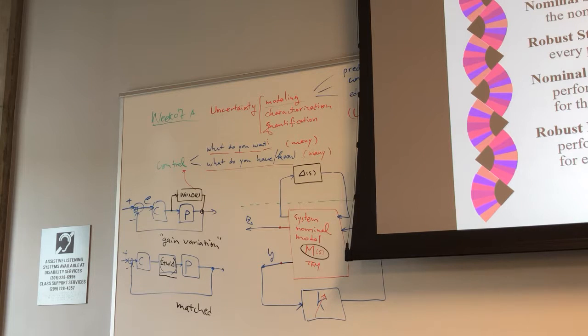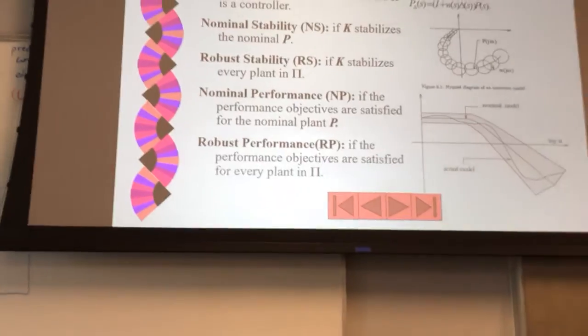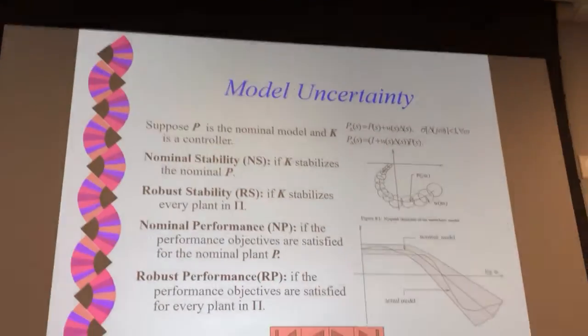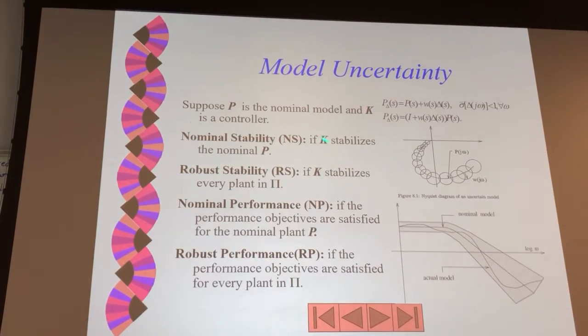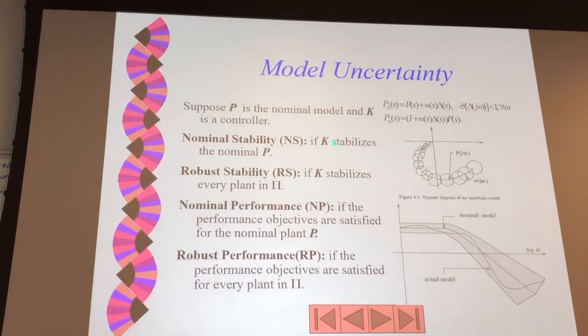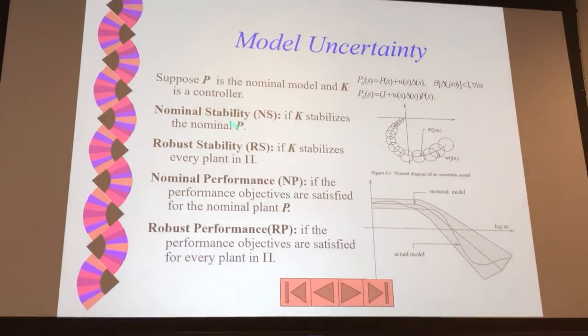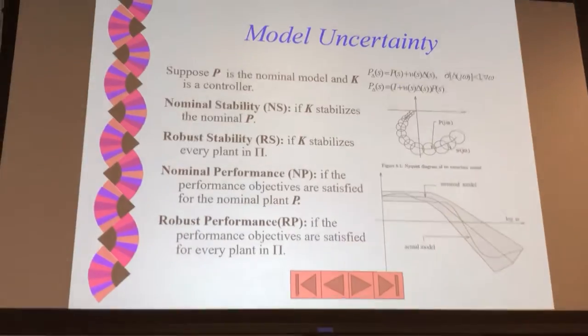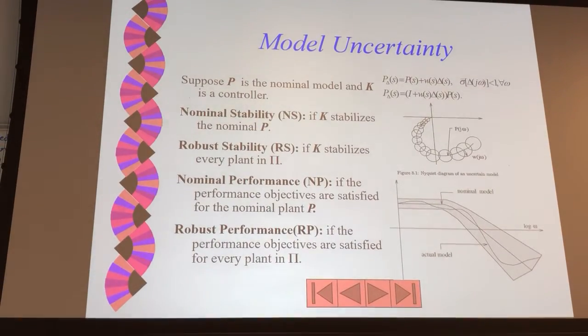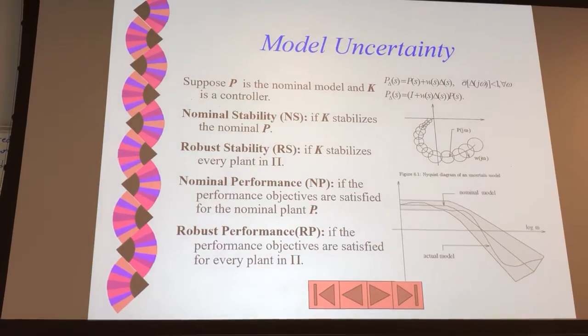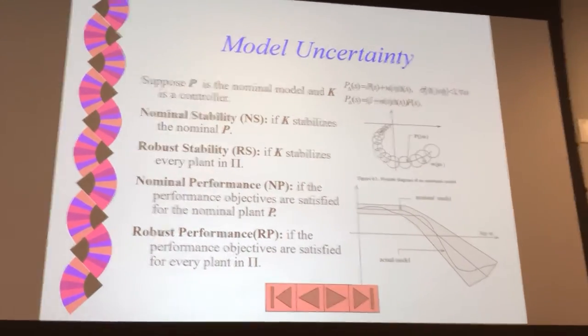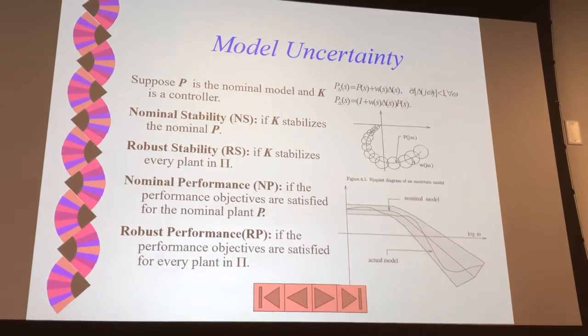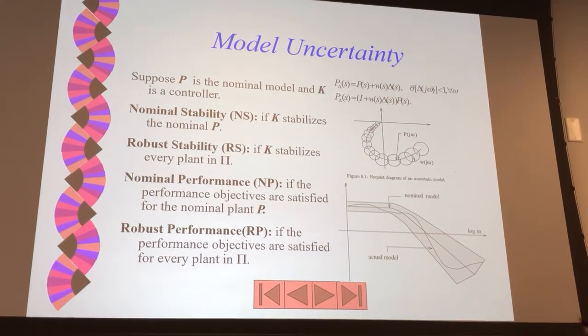Okay. All right. So this is additive. This is multiplicative. So then, nominal stability is called NS: you design the K to stabilize the nominal P. Okay, you have one controller stabilizing one plant, one-to-one.